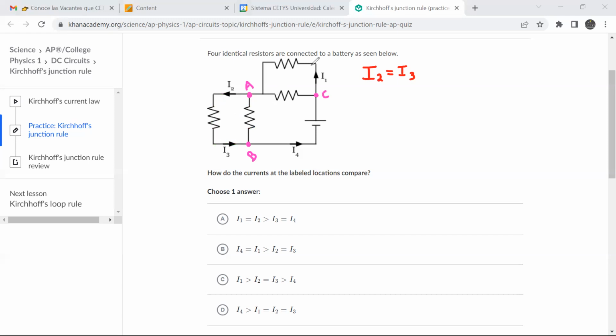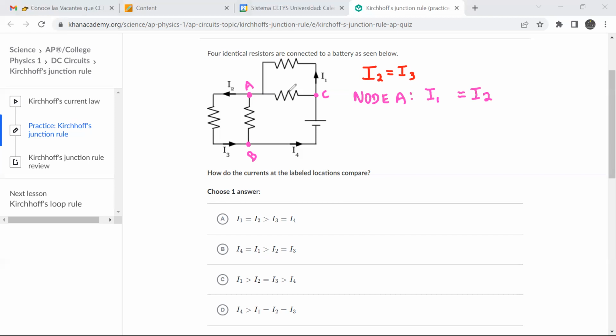Now let's look at the nodes and see what we can infer. I'm going to start at node A, just to go in order. What is going into node A and what is going out of node A? I1. So we know I1 is going in, and I2 is going out.